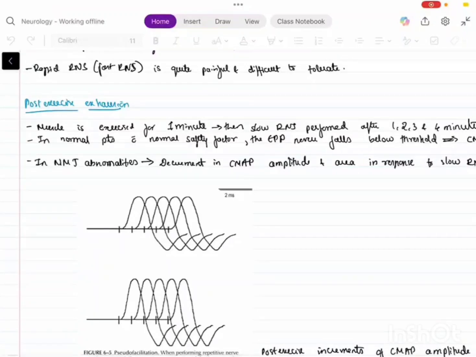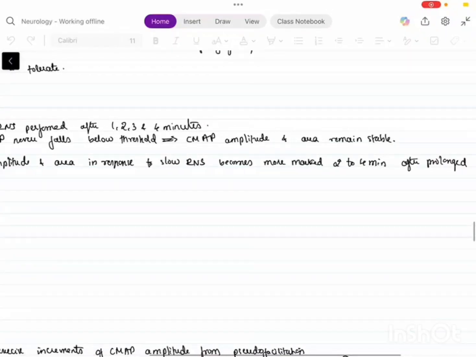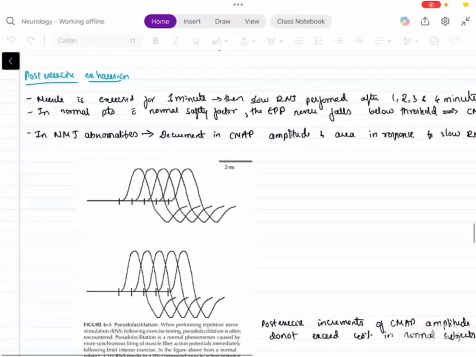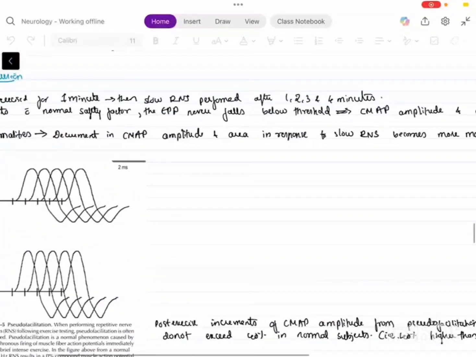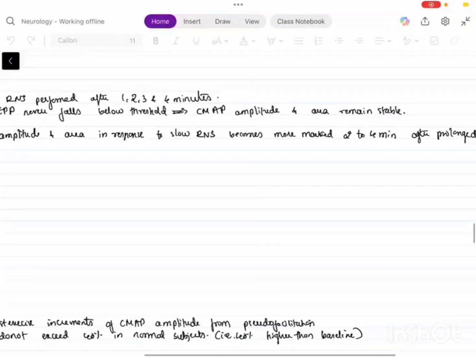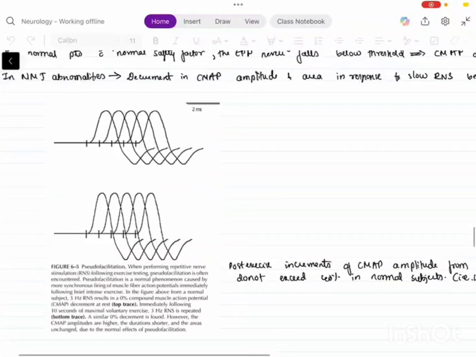In a normal patient with the normal safety factor, the end plate potential never falls below the threshold, and CMAP amplitude and area remain stable. But in neuromuscular junction abnormalities, decrement in the CMAP amplitude and area in response to slow RNS becomes more marked 2 to 4 minutes after the prolonged exercise.